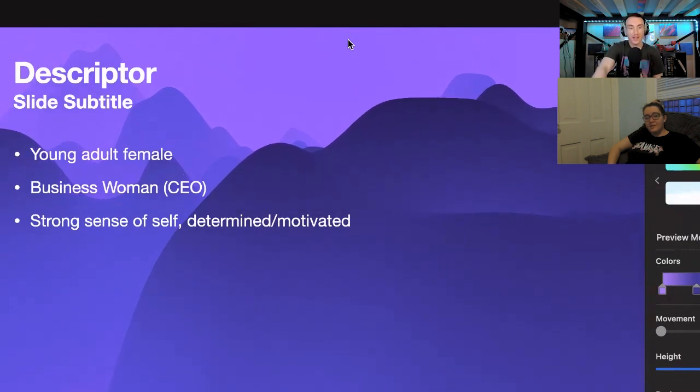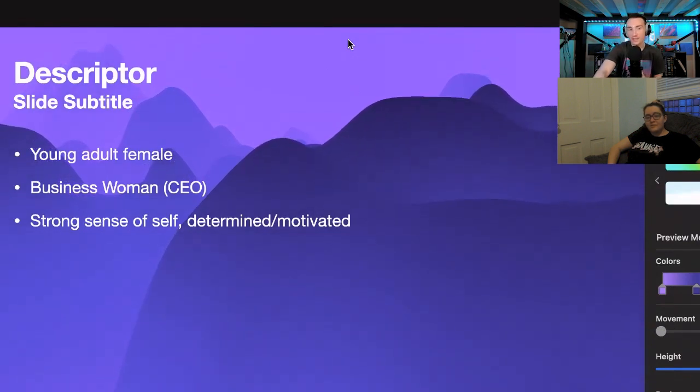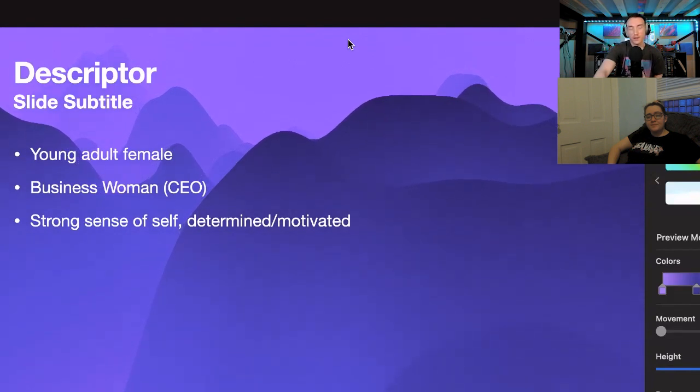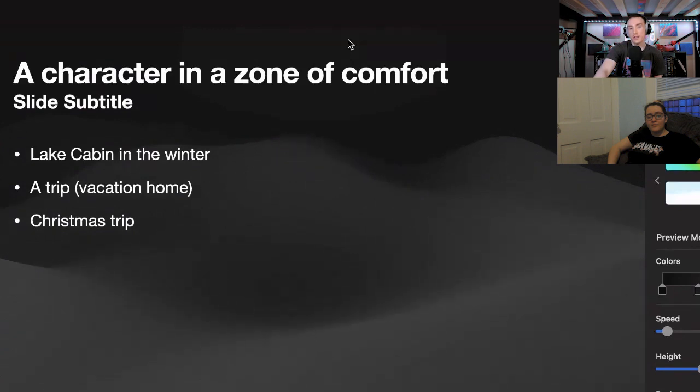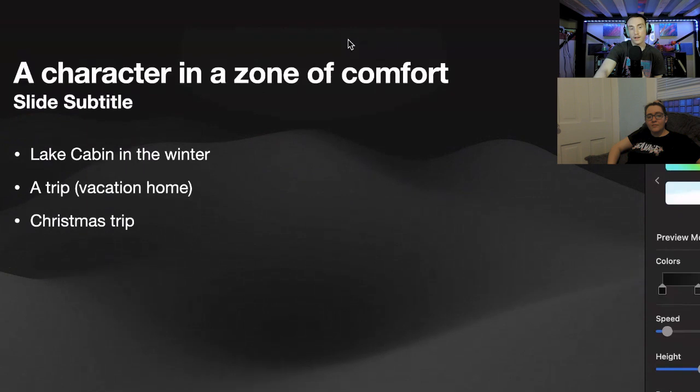So, descriptor: young adult female, businesswoman, CEO, who's determined and motivated. Our character starts in a zone of comfort, which for her is a lake cabin in the winter. This is like a vacation home, and they're taking a Christmas trip with her boyfriend.